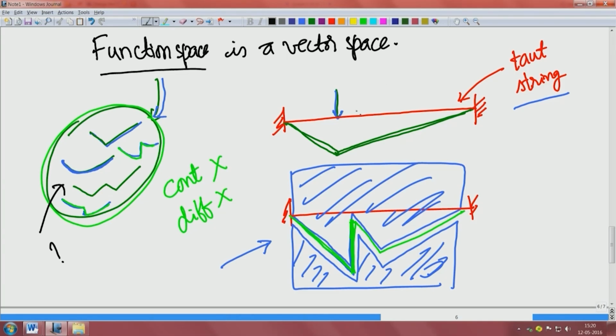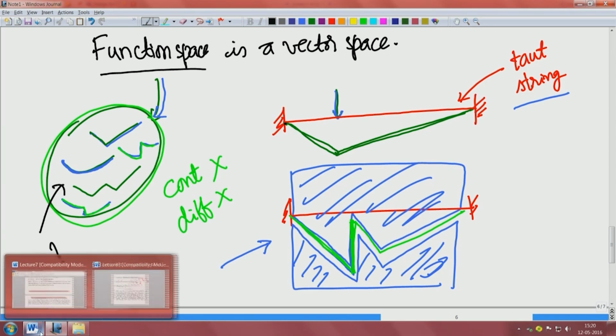When we apply these forces on the string, we do not want this string to go to infinity, right. The energy in it should be finite. It should not be indefinitely having a lot of strain energy or potential energy, right. It should have a finite one, and that is what we have here.